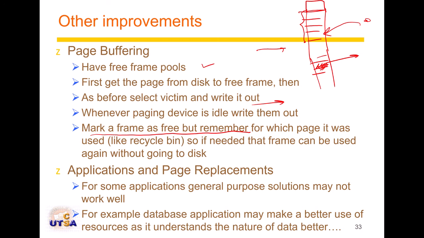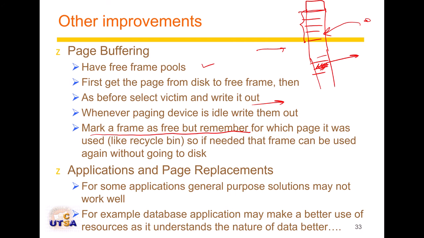If they are needed, we can simply recover those frames instead of getting them from the disk again. But if we need a free frame, we can use those frames. So these are all really tiny incremental ideas that can give better results in practice.